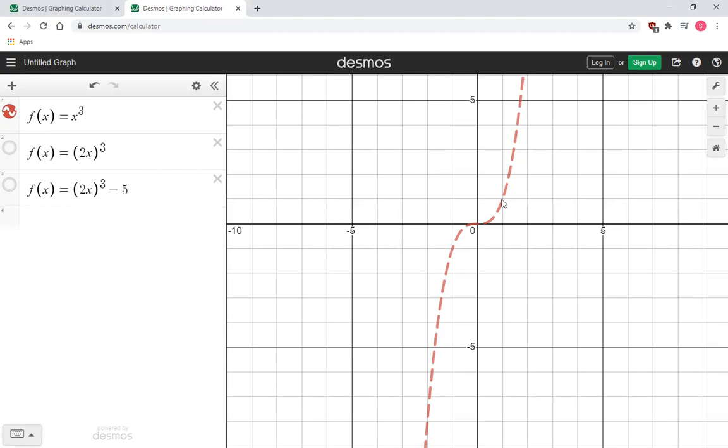When x is equal to 1, y is equal to 1. Well, since we have a horizontal shrink, we're going to divide the x value by 2 to get the same value of y.